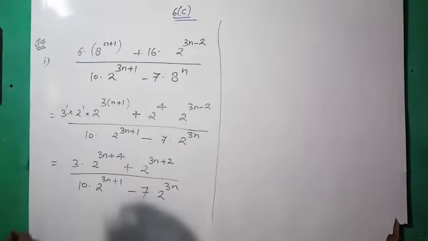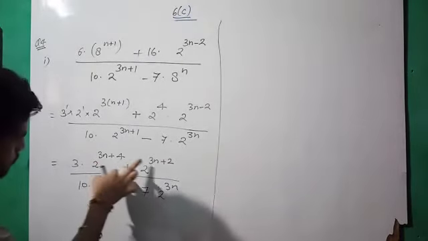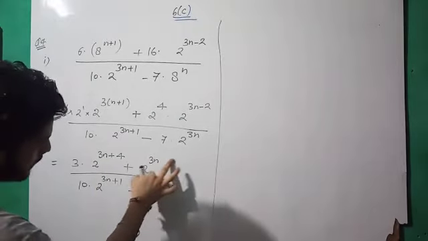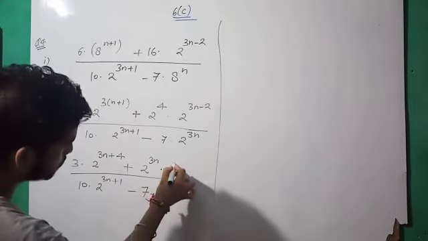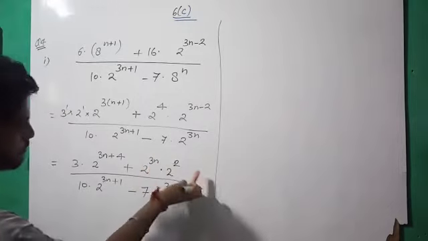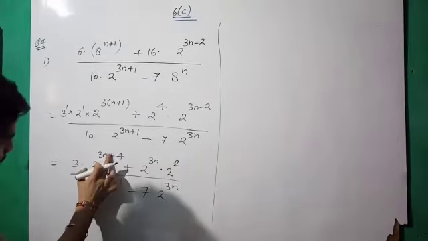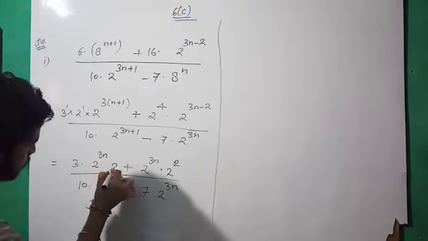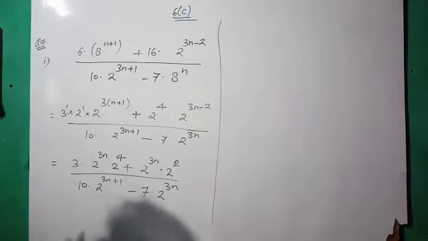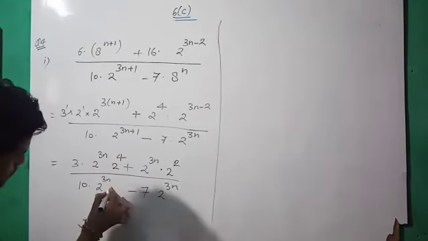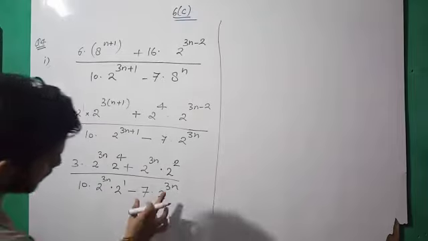The concept is to take common 2^(3n) from all the terms. So how can we split this, like 2^(3n+2), and 2^4, yes or no? 2^(3n+1) means 2^(3n) times 2^1.